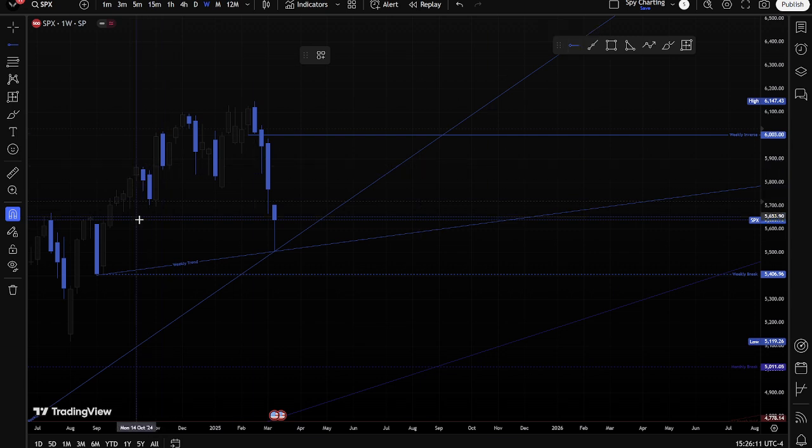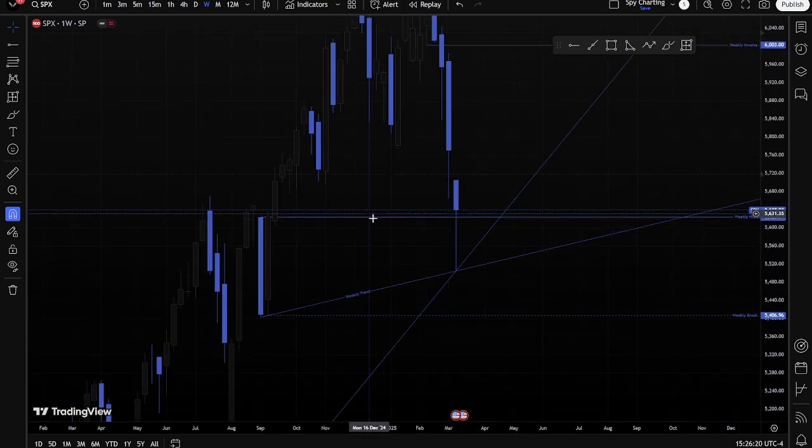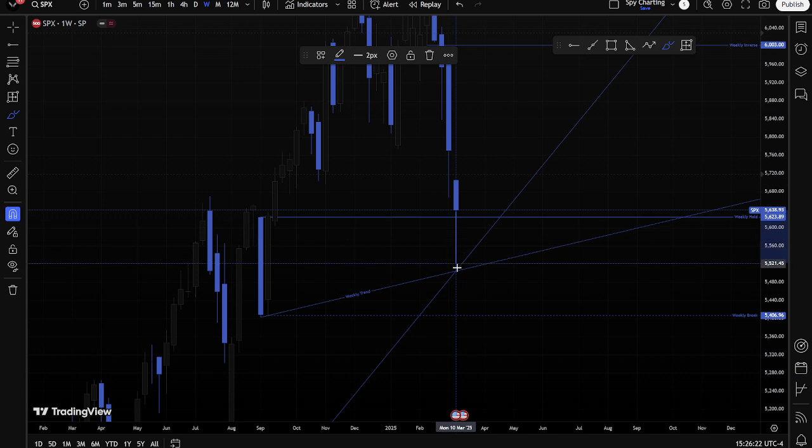Just yesterday, this candle closed on the weekly time frame, and we hit a weekly hold level right here. And now that we hit that weekly hold level, you can see that we wicked all the way down to a daily hold level, which is something I had marked out prior to this week ending.